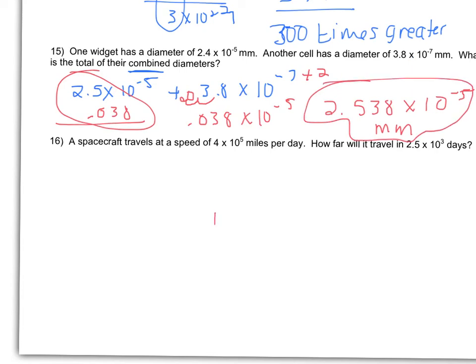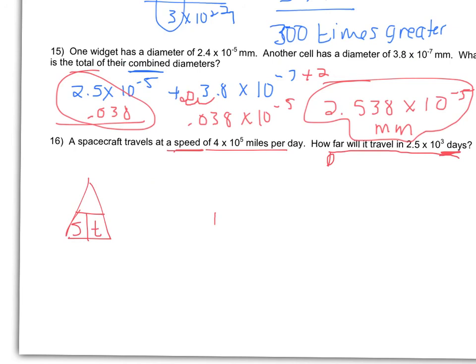And lastly, another distance equals rate times time. Here we have miles per day is the speed. So we have the rate or the speed, and how far will it travel in. So we're looking for the distance it's going to travel over a period of time.